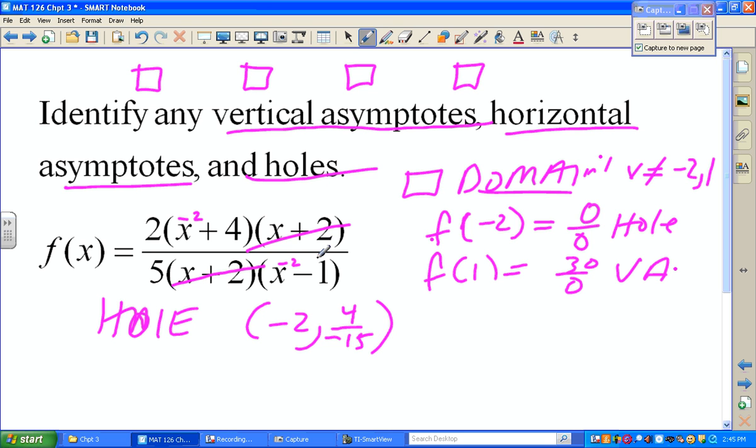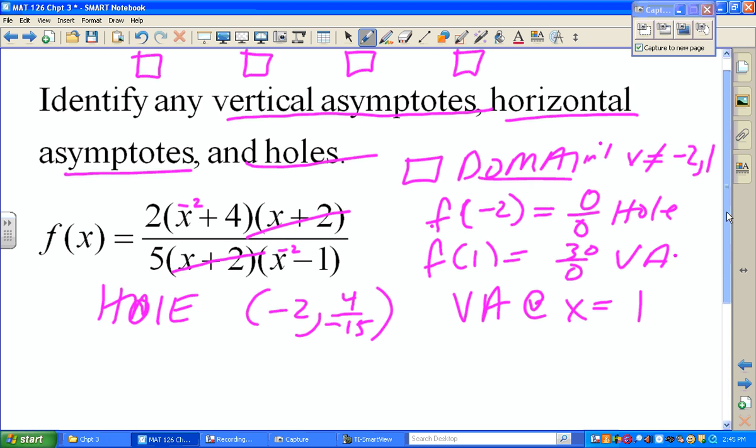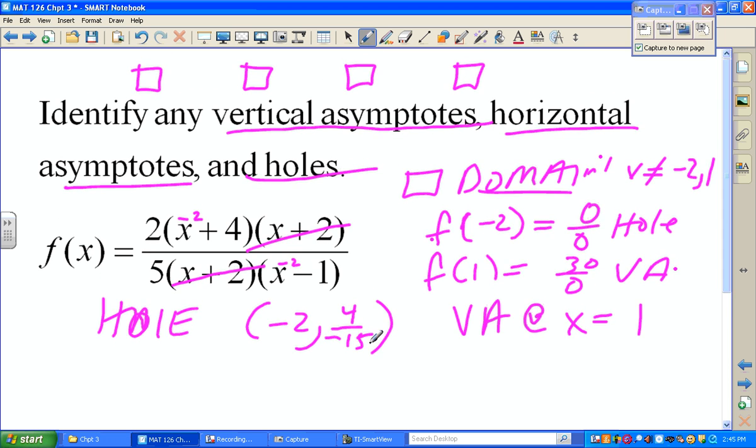You just kind of remove that part. That's why it's called removable discontinuity. That's the coordinate for the hole in the graph. We already know the vertical asymptote is at x equals 1. After you cross off the factors, you put -2 in for all the remaining x's, then you calculate it out.